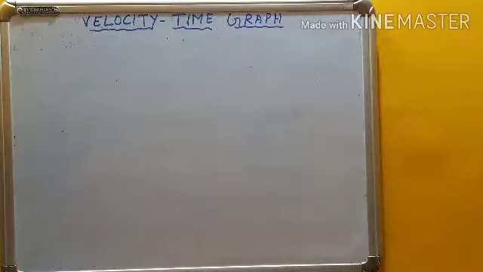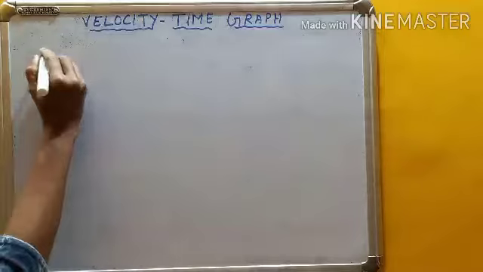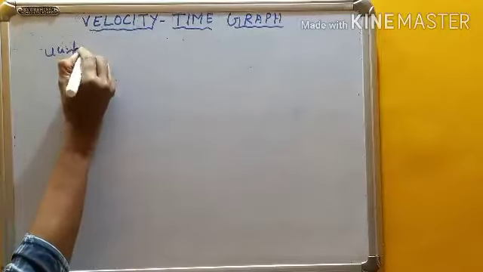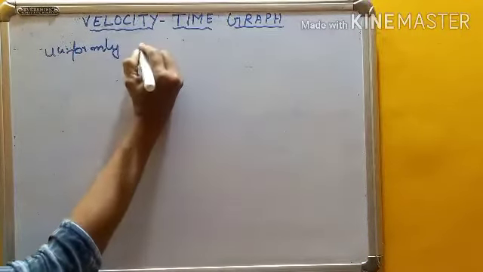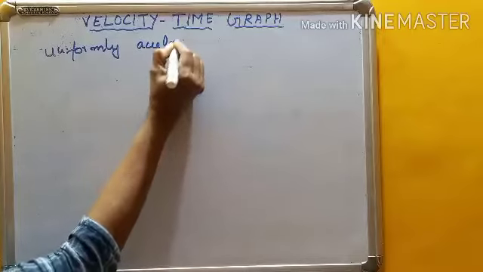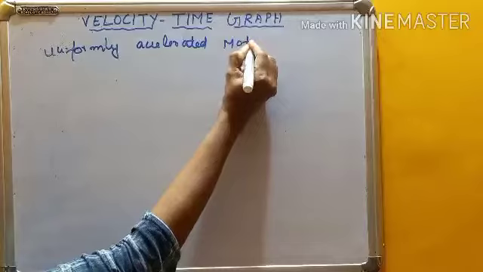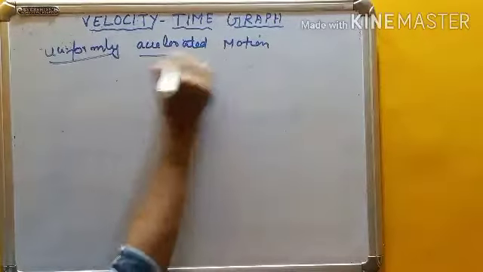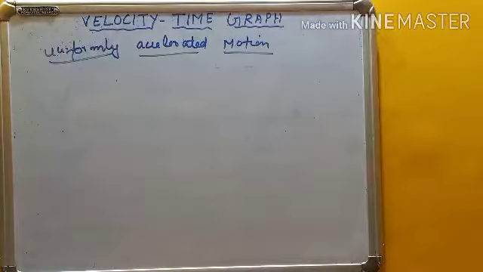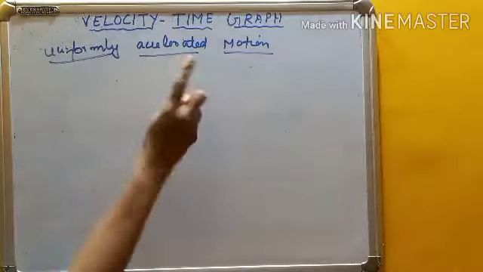Now coming to the second case, the VT graph for uniformly accelerated motion. When the term accelerated comes, it shows that velocity is changing. The first case we discussed was constant velocity. Here the word acceleration means the velocity is changing, but uniformly.